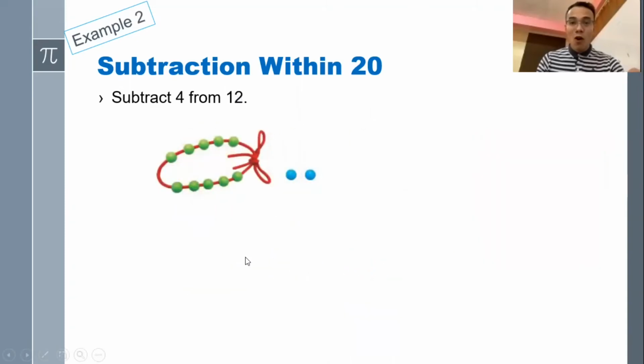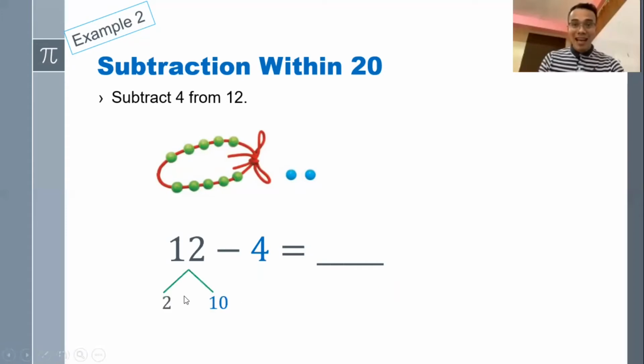Subtract 4 from 12. I have here 12 beads, and we are going to take away 4 of them. So we write 12 minus 4 equals blank. And remember, grade 1, that 12 is the same as 10 and 2. 10 and 2 make 12.